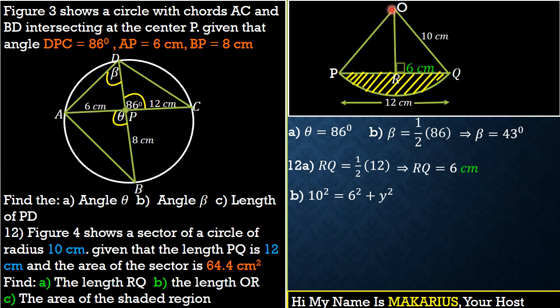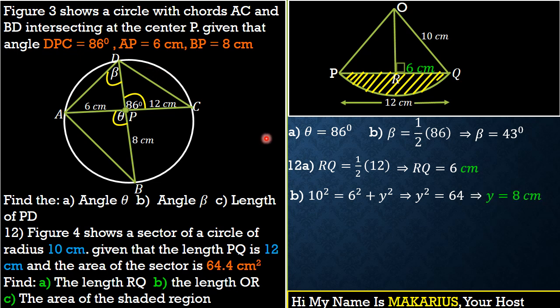Let's call the distance OR, Y. If 10 squared is equal to 6 squared plus Y squared, making Y squared the subject, we have Y squared equal to 64. Taking the square root, Y is 8 centimeters.